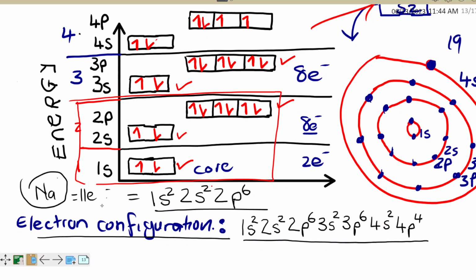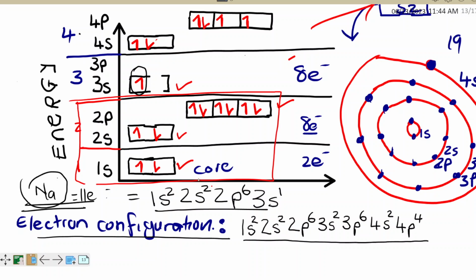has 11 electrons. So that means you're going to move up to 3s1, because now there are 11: 2, 4, 6, 8, 10, 11. It was going to end here. You would not have the other ones in the sodium atom.